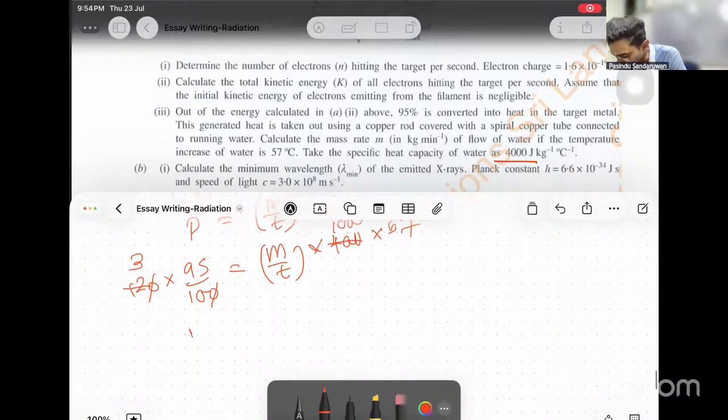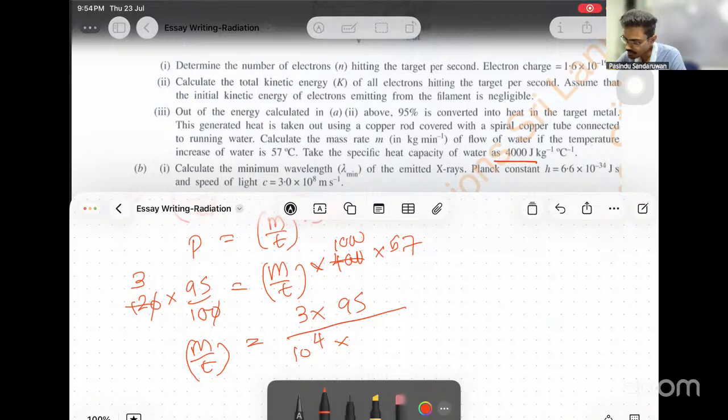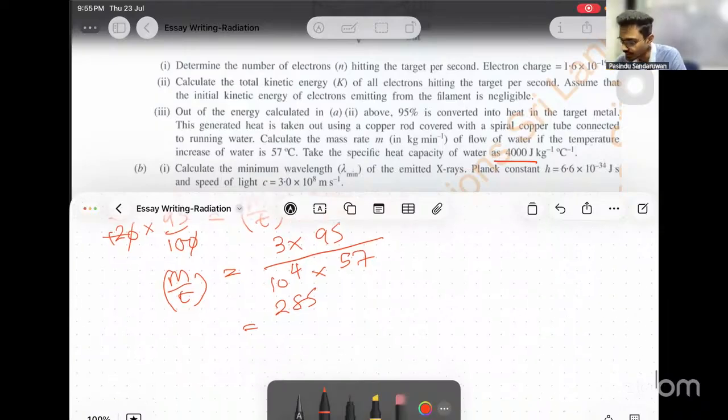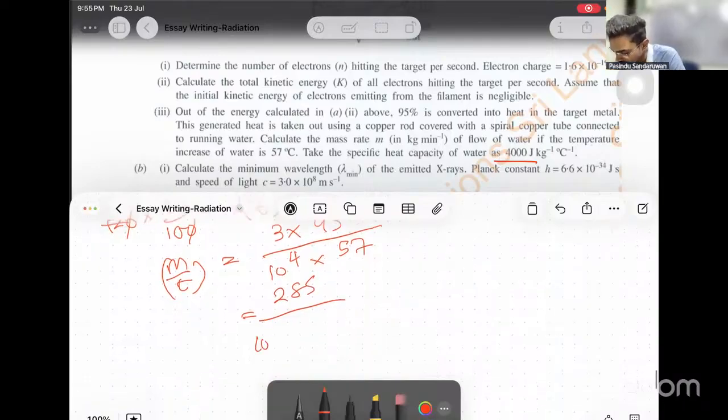Then m over t is 3 times 95 over 10 to the power 4 times 57. The number 57 was given for a reason, and it might be cancelling. 3 times 95 is 285. It cancels off now. 285 over 10 to the power 4 times 57.